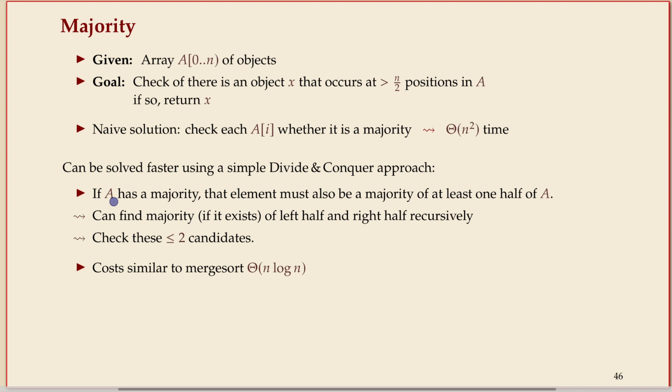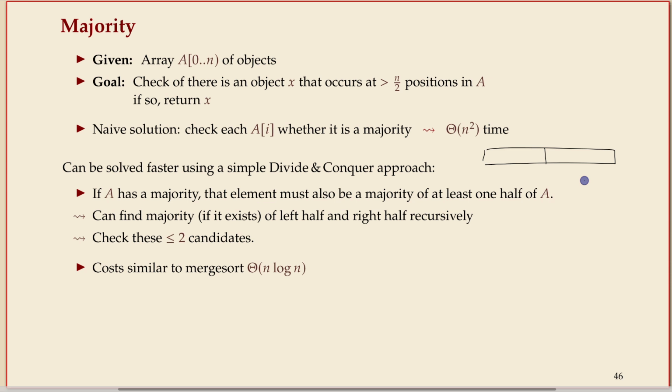The reasoning is, suppose this array has a majority. Well, then it's present in more than half of the positions. That means if I look at the halves of A, if I just cut them in the middle, merge sort style, there are at least n/2 positions where this majority occurs, so they must be somewhere.